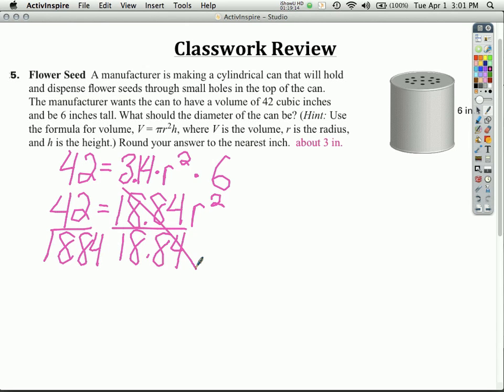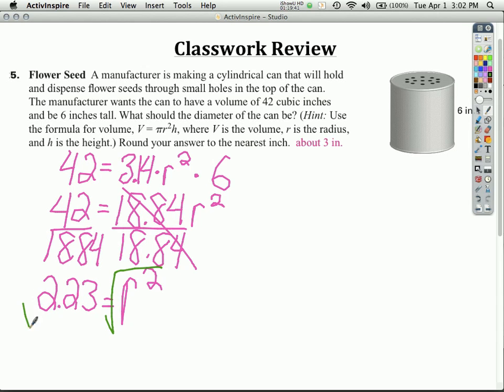This disappears, and we get r squared equals, who has what it comes out to? Kayla, you do. What does it come out to? 2.23. I just couldn't hear you. Thank you. 2.23.